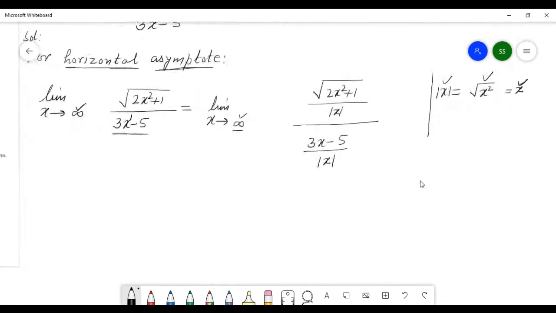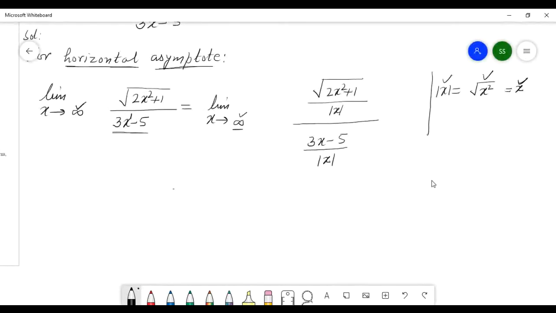Now divide all the terms here. What will happen when x goes to infinity? The numerator is the square root of 2x square plus 1, divided by mod of x, and the mod of x is the square root of x square. The denominator is 3x minus 5 divided by x, since mod of x is just x.